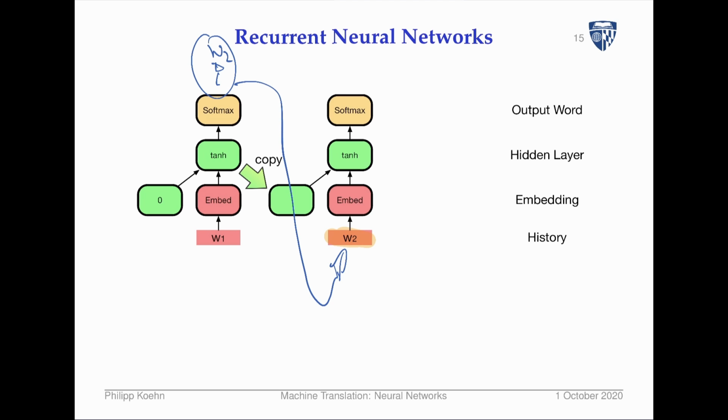So there are a couple of things to note about it. The prediction we make here, if we draw through these graphs, depends obviously on word 2, but it also depends on word 1. So we're making a prediction based on those two words.